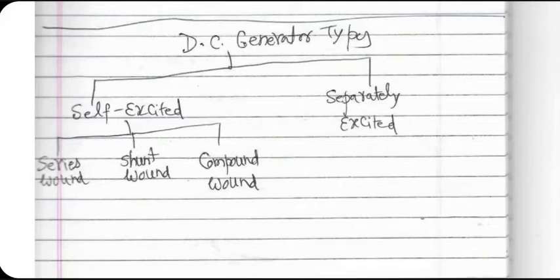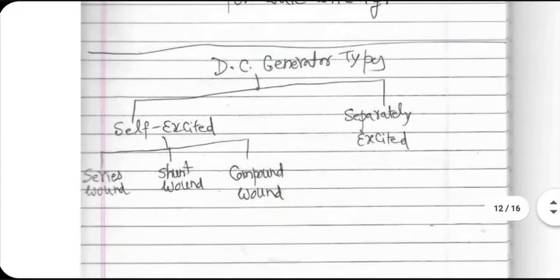Now, how you connect is another story. For the separately excited case, obviously, a separate DC supply will be required, which is cumbersome, but in some cases it is a must because of practical realities.